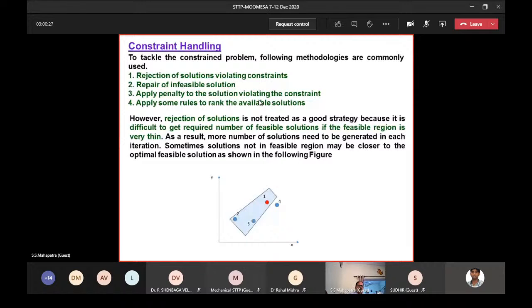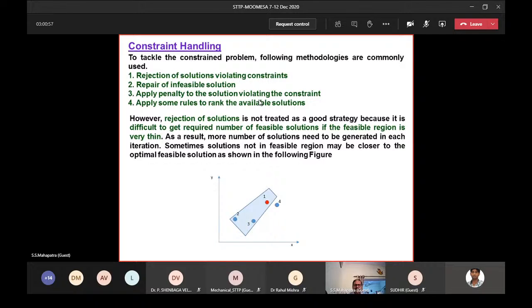Now, the first method is the rejection of solutions violating the constraints. Here, when a solution is violating the constraints, you reject that solution and get a new solution which is not violating the constraints. In doing so, a large number of solutions will be rejected, and it takes a lot of time to get a solution which will meet the constraint requirements.